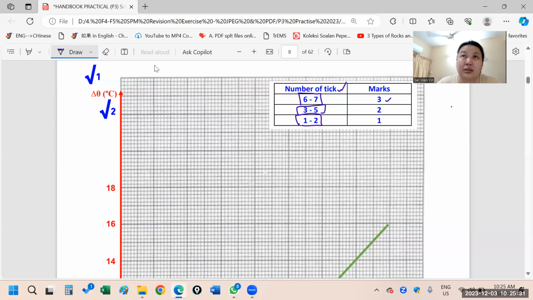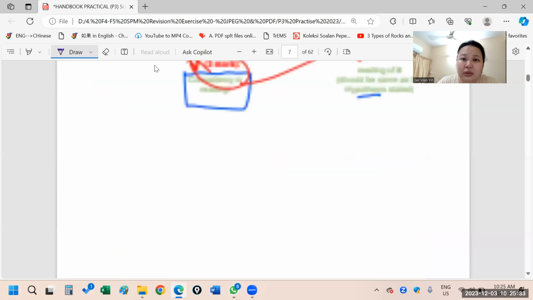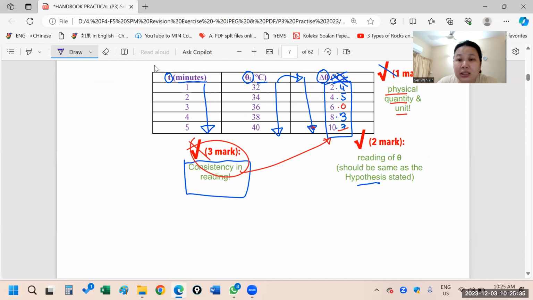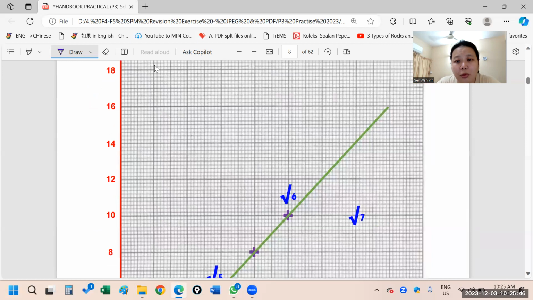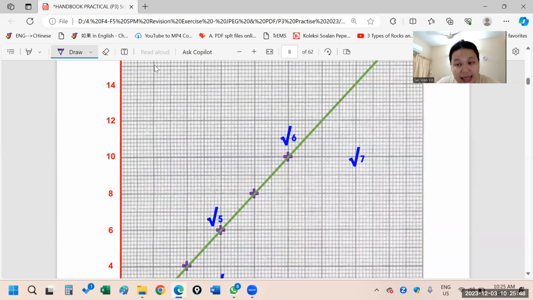Alright. So, for example, let's say your results are wrong. If you find out my result is wrong, can you still get marks in your graph paper? Answer is yes, as long as you draw based on your result.